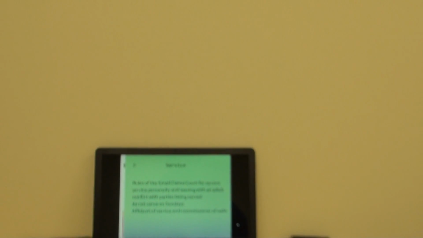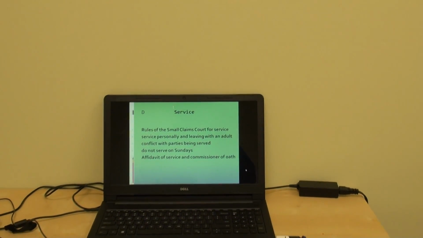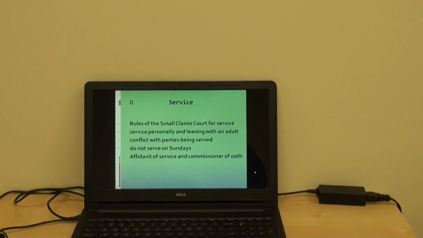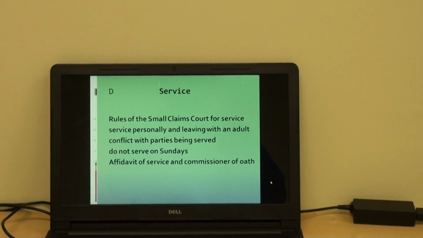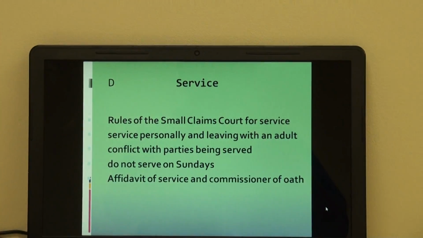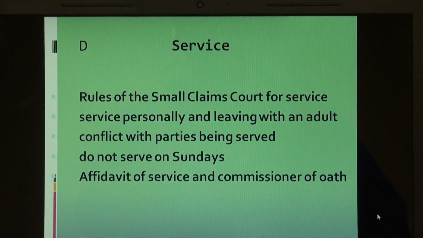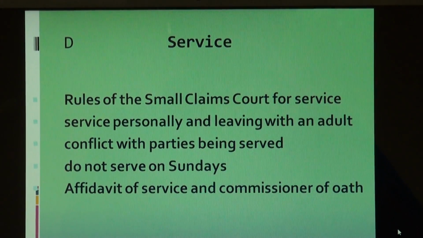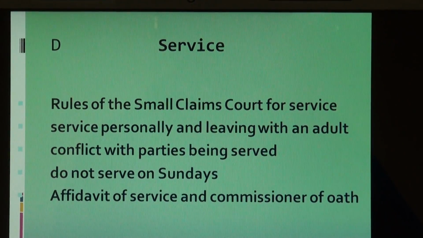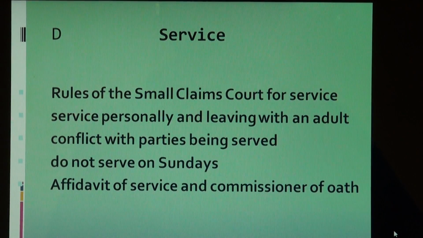So let me go back to the question of service when you first commence the action. When you first commence the action, you are creating an originating process, which means that you're starting from scratch. So what you do is firstly go to the court office nearest to where you are, following the rules regarding where you can bring an action.